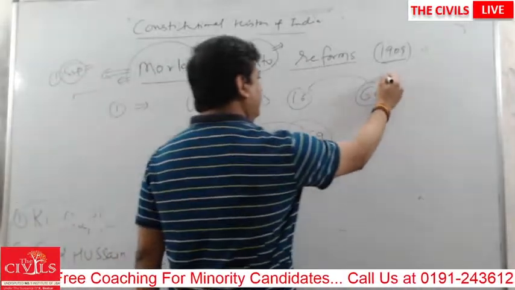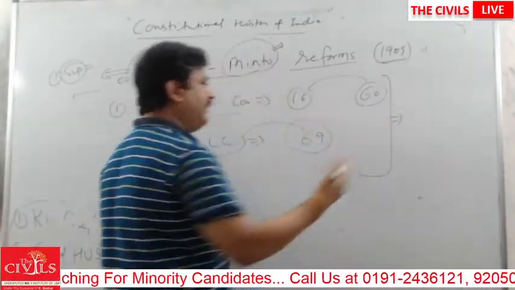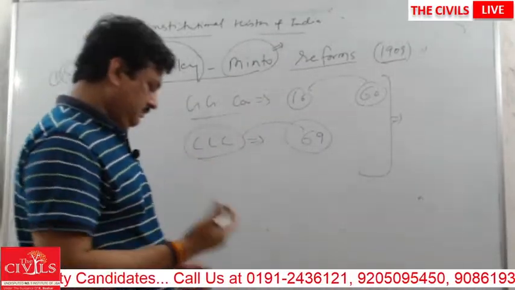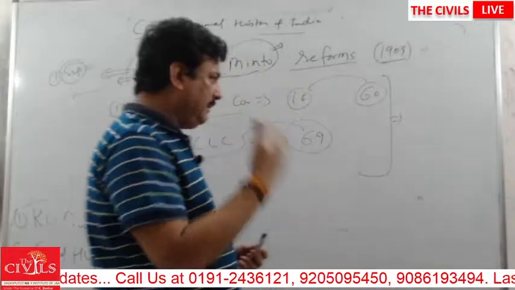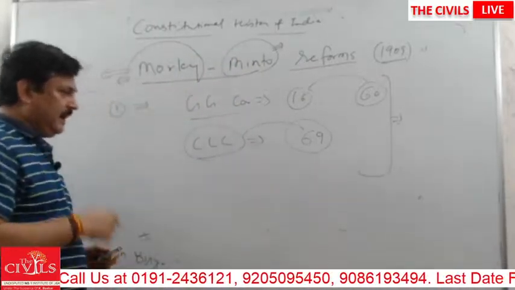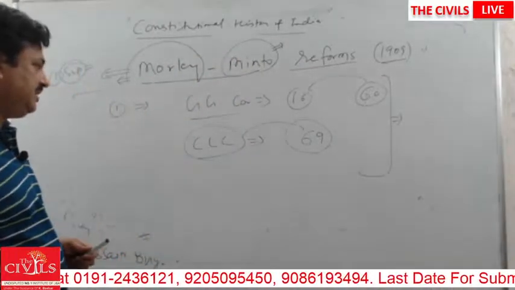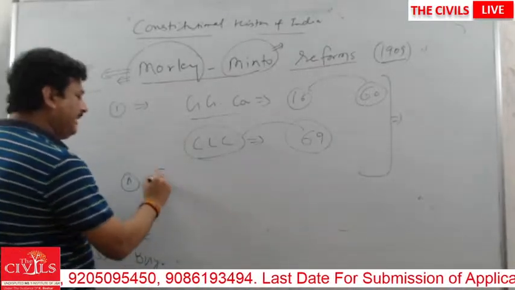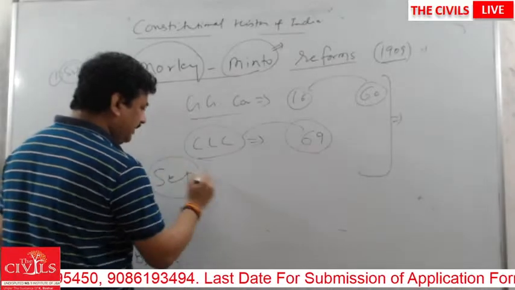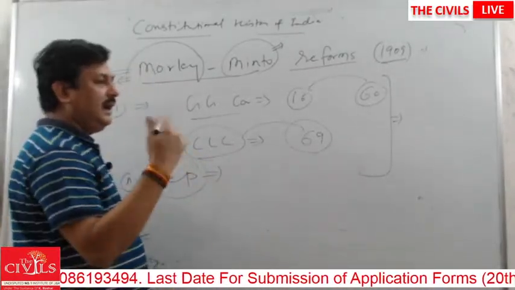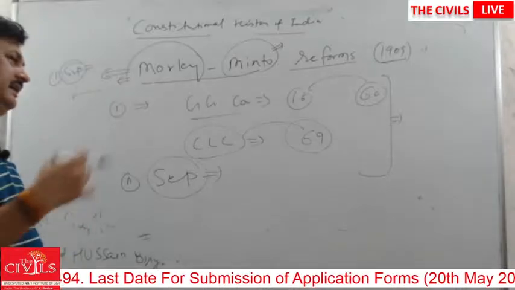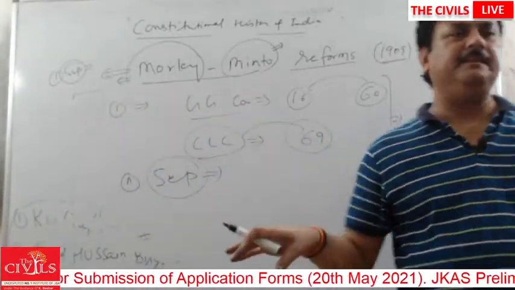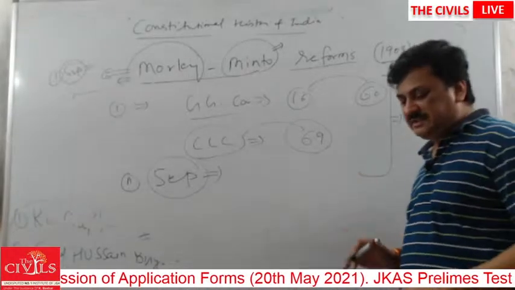The members were also empowered to discuss the budget and to move resolutions. The members also got the right to ask questions and supplementary questions. The second most important thing was that a separate electorate system was introduced for Muslims and for other communities like landlords, universities, the presidency corporations, etc.